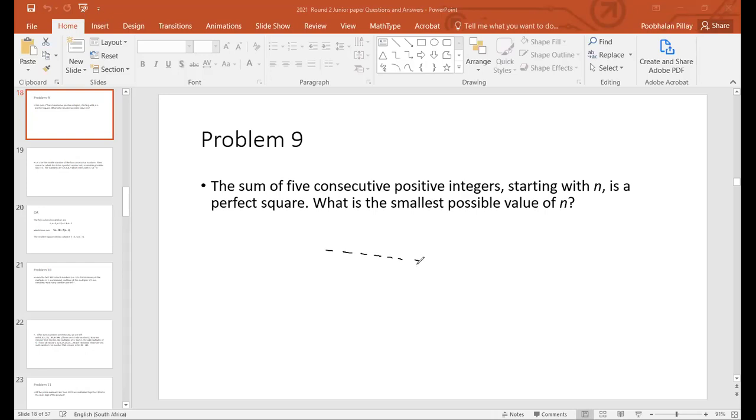It's very easy to add them. All you need is a middle number. If you know the middle number, then you know the sum.